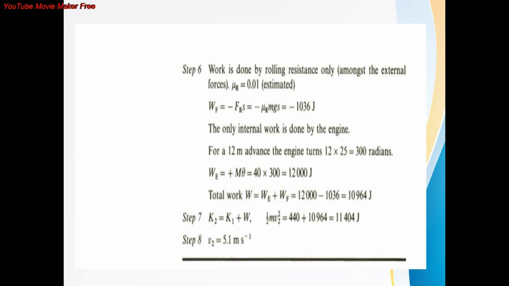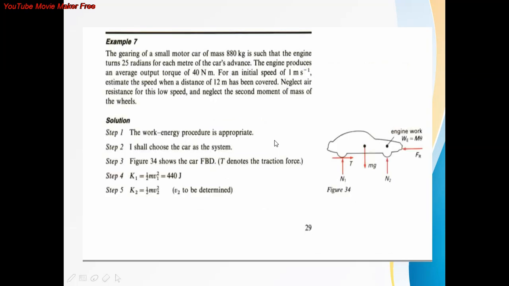First of all, we will find the frictional work done, that is rolling frictional force into distance, where the force will be mu r into N, and N will be equal to mg. The mg is this side, N is the upper side, so mu N will be equal to mu mg.